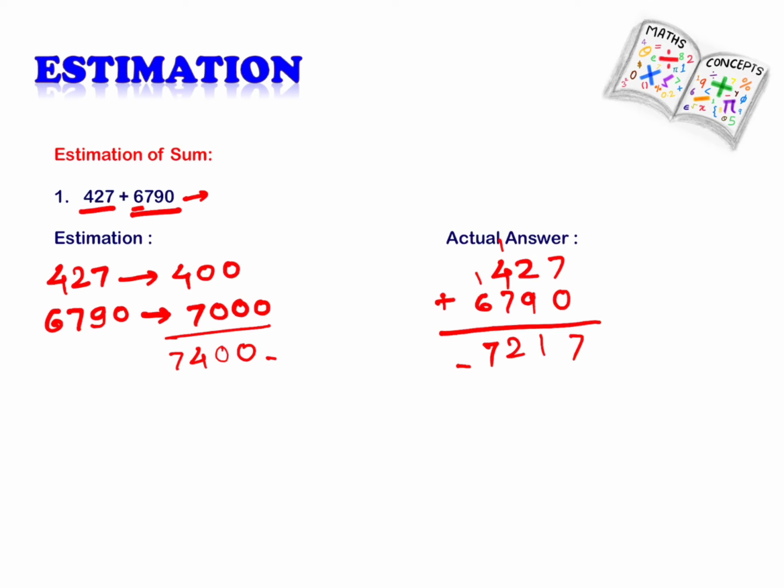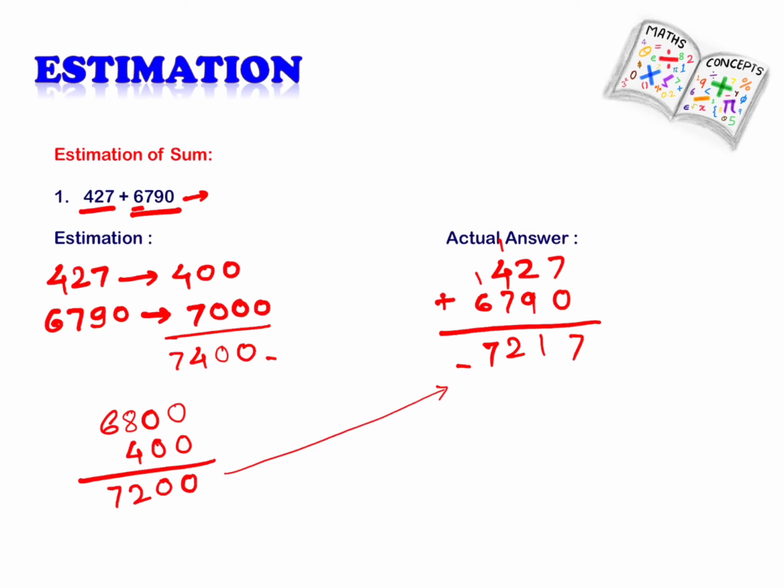Here now if I round off 6790 to nearest hundreds, then it will become 6800, and 427 again I am rounding it off to 400 only, and this addition becomes 7200, which is more closer to actual answer, right?